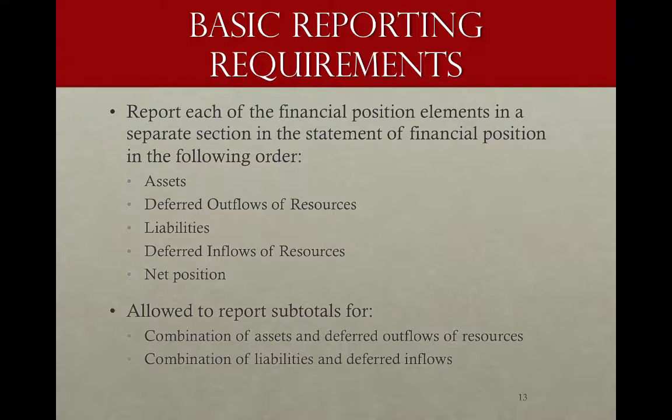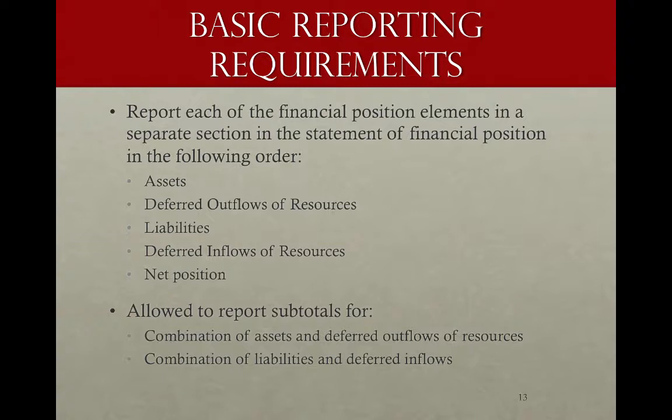Governments are allowed to report a subtotal line that combines assets and deferred outflows of resources, and one that shows the combination of liabilities and deferred inflows of resources. Originally, when GASB proposed Statement 63, it said that governments could not do that. And then a number of the commenters on that proposal said that it would be helpful to some governments to do that.